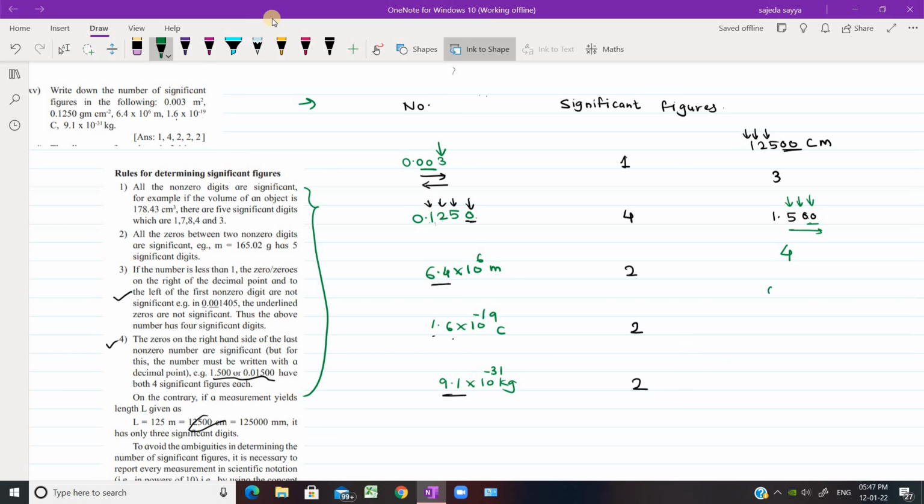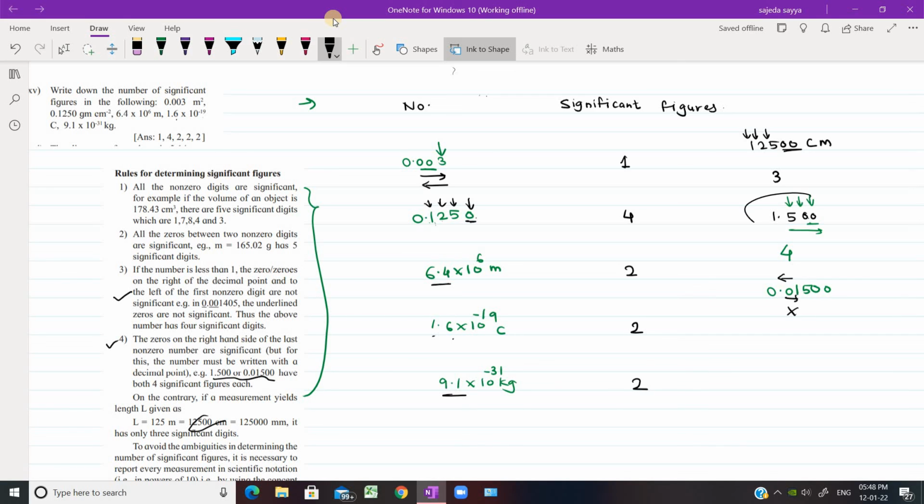Another example they have taken is 0.01500. In this example, the zeros to the right of the decimal point and to the left of the first non-zero digit are not significant.